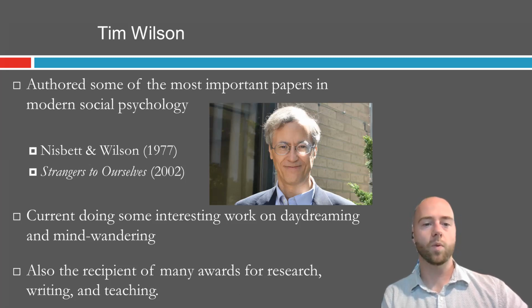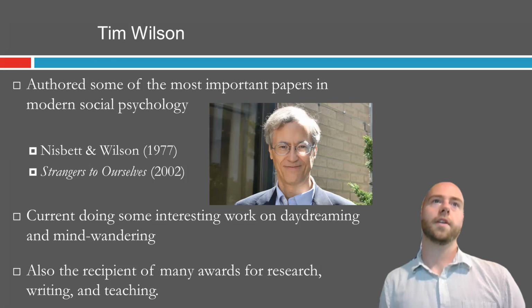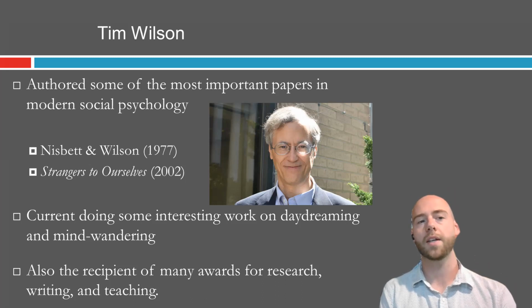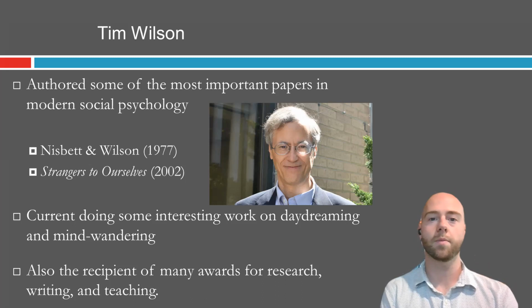The paper that I have here, Nisbett and Wilson, 1977, we'll talk about that a bit here and there. That paper basically showed that sometimes when we're trying to come up with reasons for things, we just make things up, and we don't always have as direct access to our thinking and our reasoning as much as we like to think. Sometimes we just do things and we reflect on them later and come up with rationalizations for them.